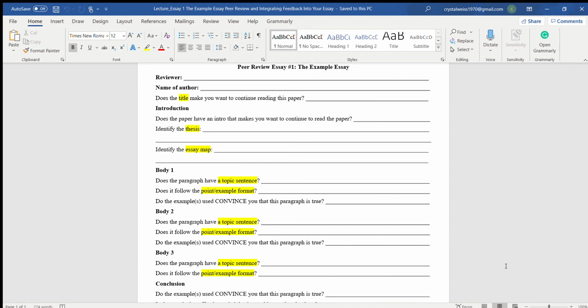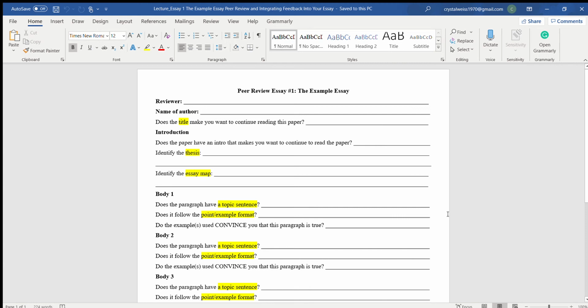So you want to think about that before you don't submit a rough draft and you don't do a peer review, all right? So how do you integrate feedback into your essay? Well, first I want you to think about the word prompts. I give you the word prompts edited and give you suggestions on how to make those better.